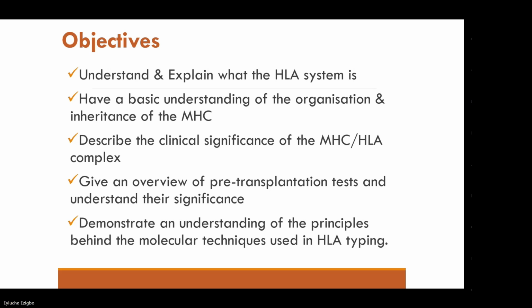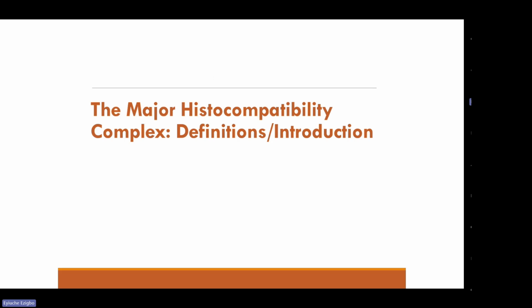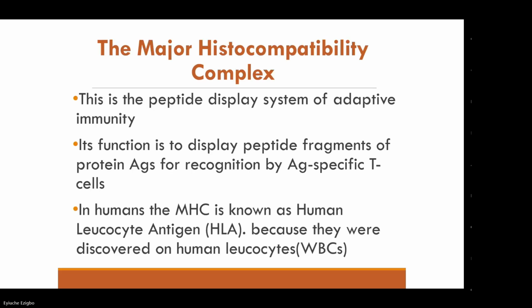Okay. So the major histocompatibility complex. We are going to look at some definitions and take the introductory aspects. This is the peptide display system of adaptive immunity.